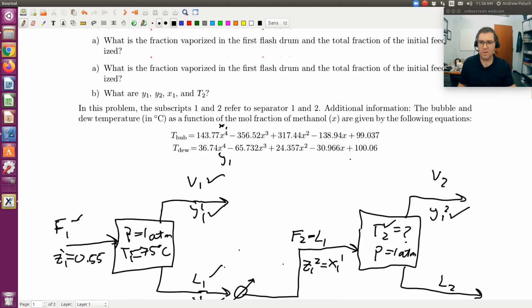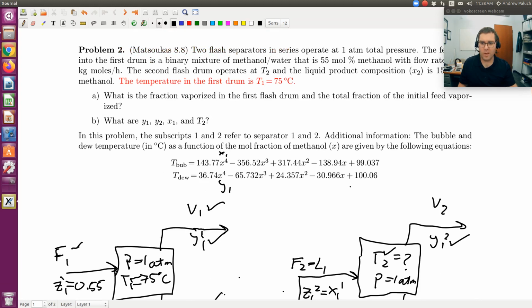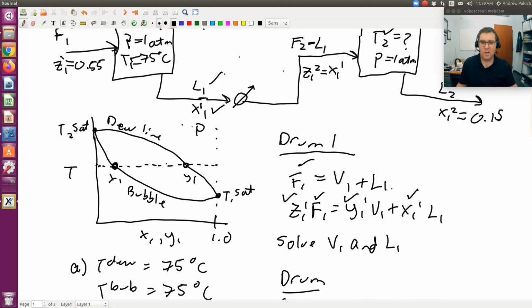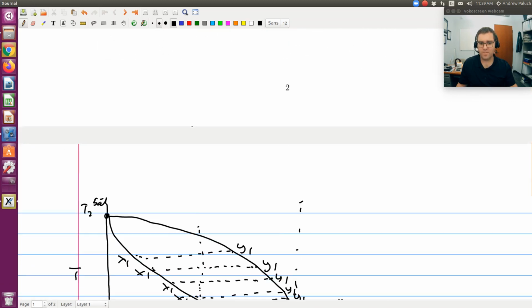And then the last little caveat I think they ask for is what is the fraction vaporized in the first flash drum and the total fraction of the inlet feed vaporized. So I suppose this is a matter of how you want to call it.